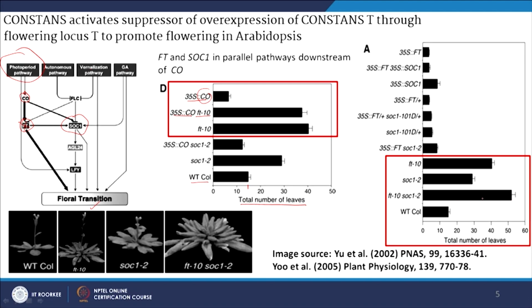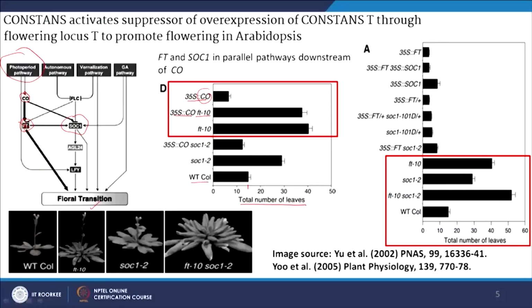This kind of phenotype is called an additive phenotype. This tells us that they are working in 2 independent pathways. FT is working through this pathway, SOC1 is working through this pathway. If you only mutate FT, there is an effect. If you only mutate SOC1, there is an effect, but if you mutate both parallel pathways, the effect is enhanced.